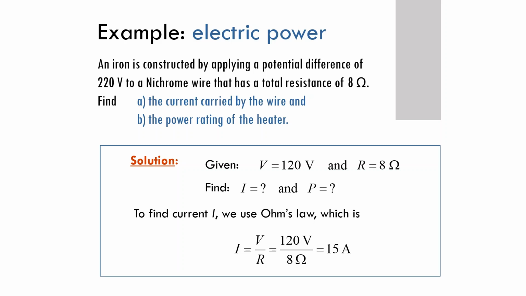Okay, this example says that an iron is constructed by applying a potential difference, which is the voltage, of 120 volts to a nichrome wire that has a total resistance of 8 ohms. Ohm is the resistance.